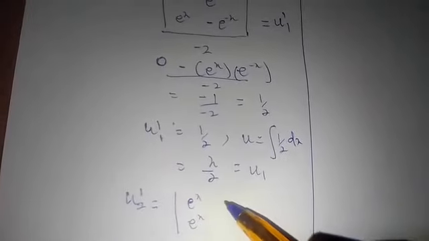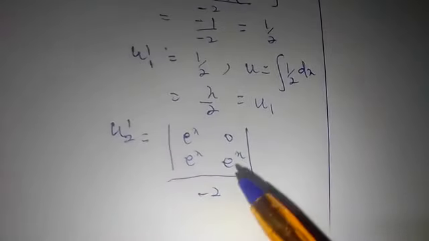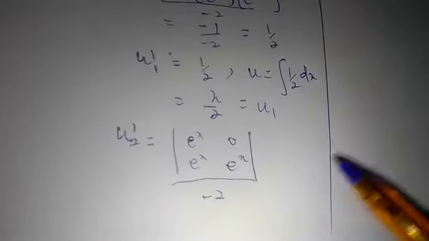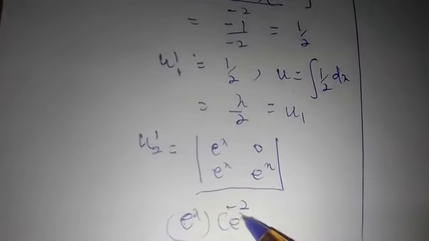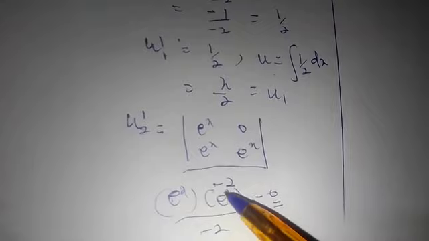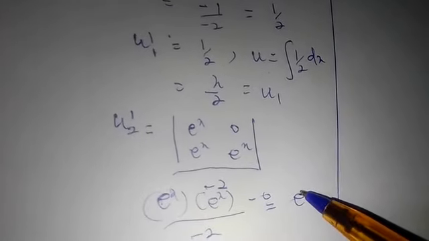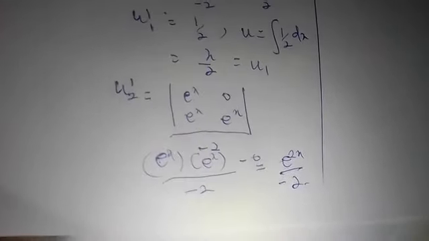So 0 here, then e to the power x here, all over negative 2. When I cross multiply, I get e to the power x multiplying e to the power x minus 0, over negative 2, and when multiplying, the powers add, so e to the power 2x over negative 2. So that is my u prime 2.